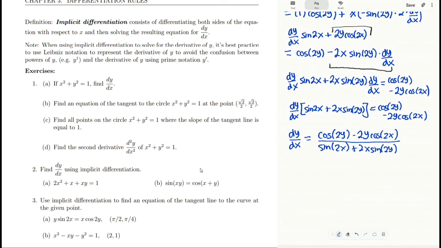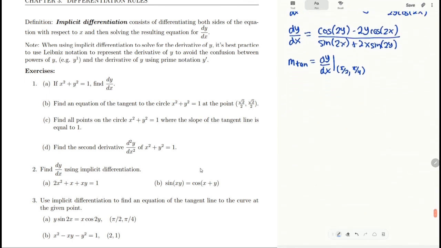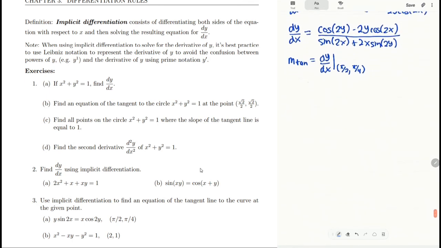So now we can use this derivative to find the slope of the tangent line. We're looking for the tangent line at the point pi over 2 comma pi over 4. So to find the slope of the tangent line, we will evaluate the derivative at this coordinate. So pi over 2 comma pi over 4. So we substitute x and y into the derivative.